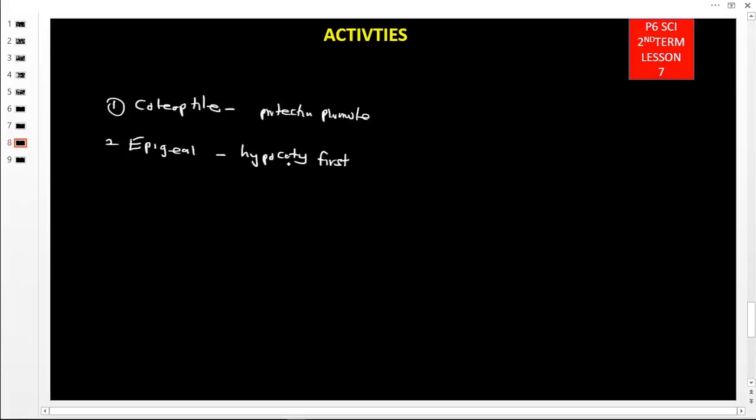And lastly, in hypogeal germination, the epicotyl comes out fast, thus the cotyledon remains inside the soil, as you've seen. In epigeal, the cotyledon comes out of the soil. So I urge you, before doing the activity, to first copy the notes that are attached to this video. Then you answer the activity, or you write the activity.